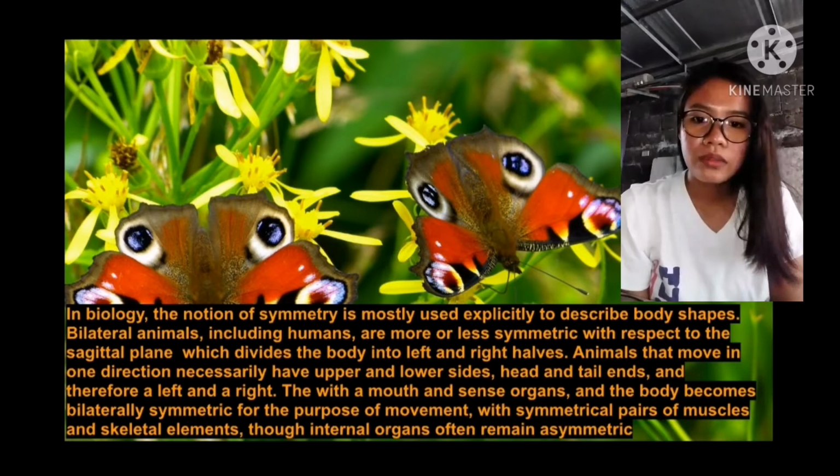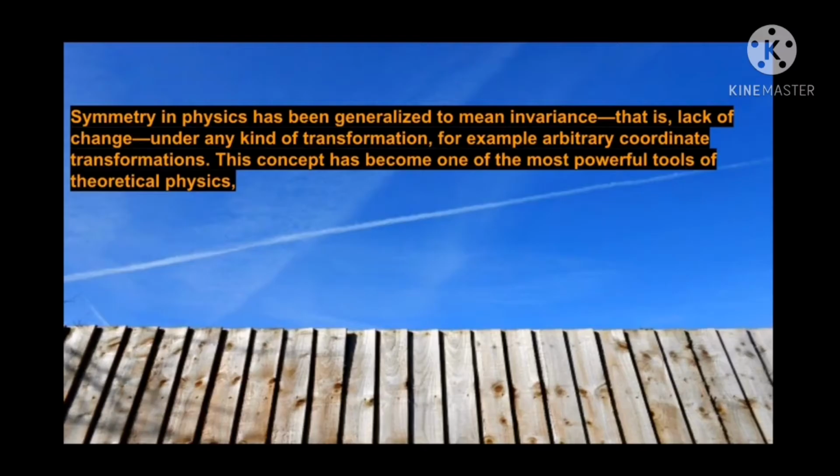With the mouth and sense organs, the body becomes bilaterally symmetric for the purpose of movement. The symmetrical pairs of muscles and skeletal elements, though internal organs often remain asymmetric.